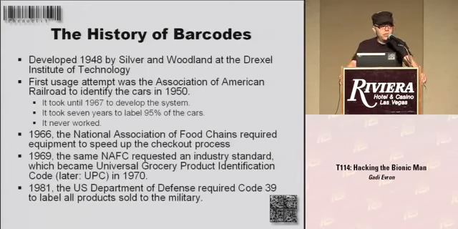So in 69, they requested an industry standard, which later became the UPC code that you all have on your grocery products here in the States. And since 81, the US Department of Defense required a Code 39 barcode on all products that are sold to the military. And you will see why that is a bad idea.